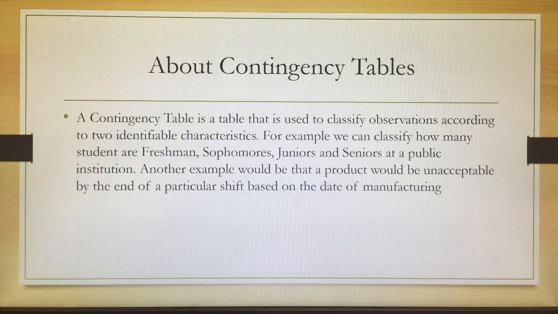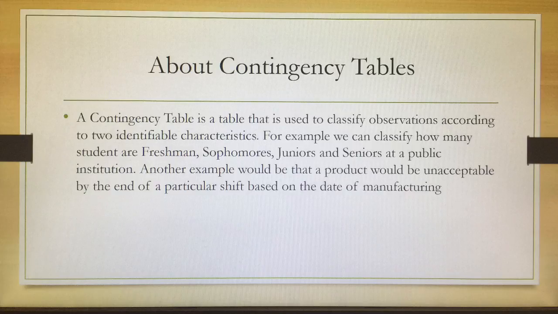A contingency table is a table that is used to classify observations according to two characteristics. For example, we can classify how many students are freshmen, sophomores, or juniors at a public institution, college, or school.